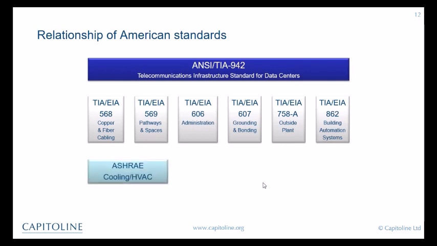And there's a number of other references which are used in order to determine the best practice for data center design and operations. The American Society of Heating, Refrigeration and Air Conditioning Engineers, for instance, is one of those bodies. And they help us to determine temperatures we should operate at within the data center and the general environment.